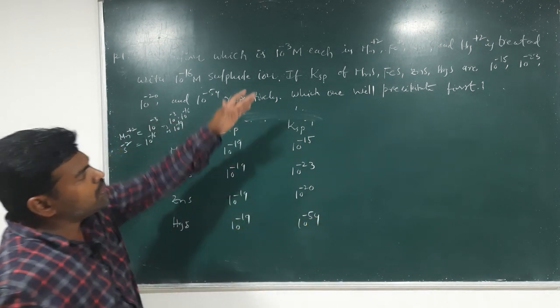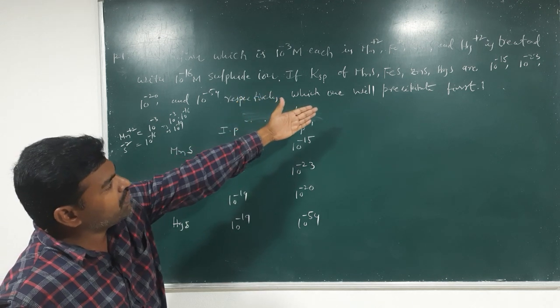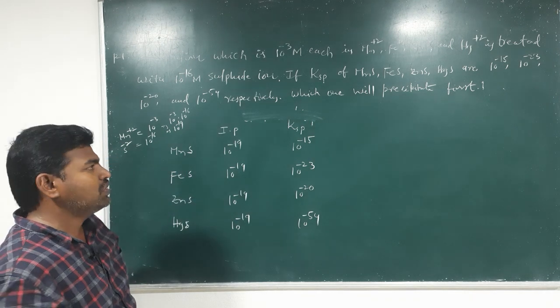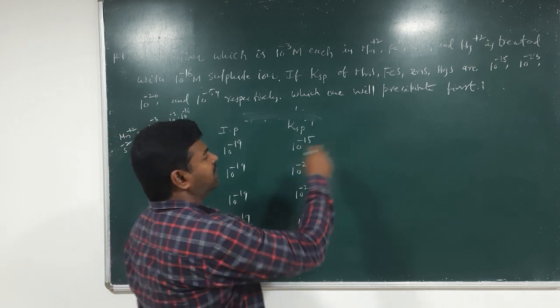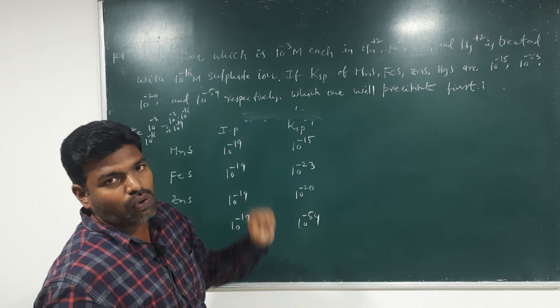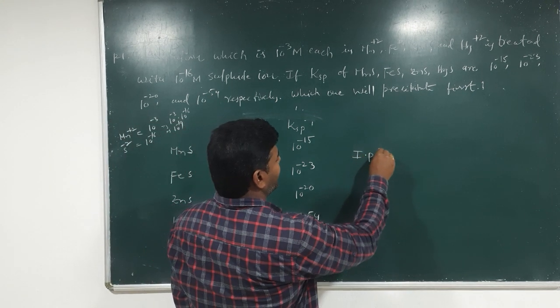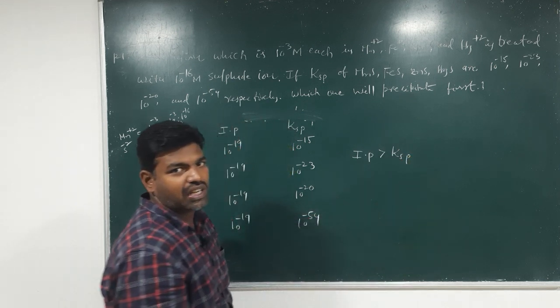They asked which one will precipitate first. In order for precipitation to take place, one condition must hold good: ionic product is greater than solubility product. In such case, precipitation takes place.